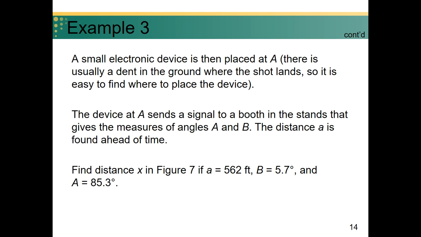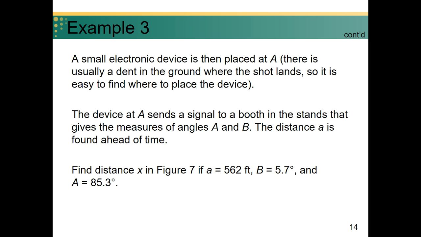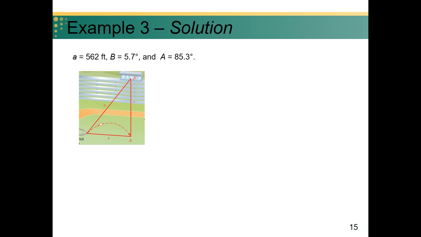And they get the measure of angles A and B from the little device. Okay, so we have b equals 562, B equals 5.7, and A equals 85.3, and we want to know what did they throw. So we've got 562, 5.7 degrees, 85.3 degrees, and we want this value here.